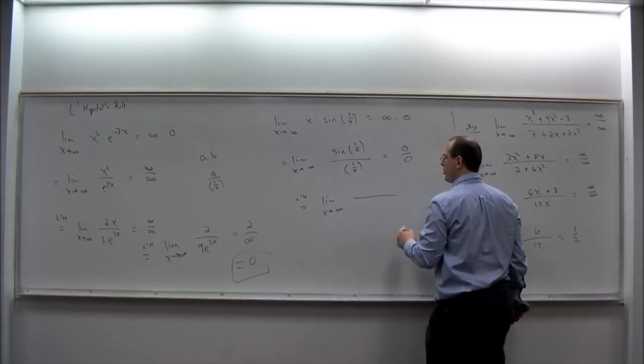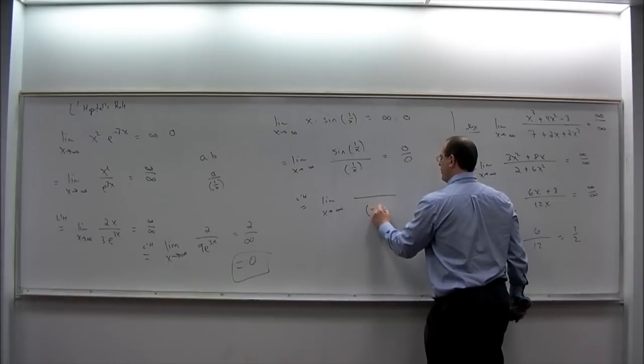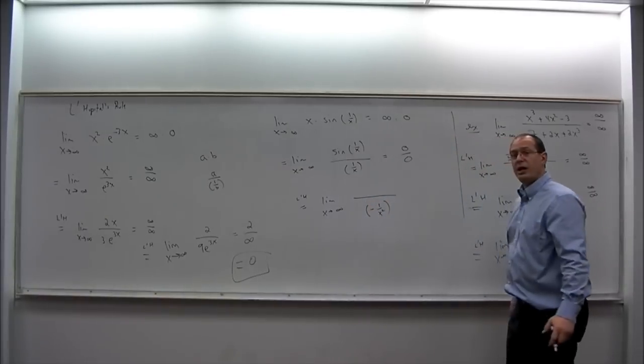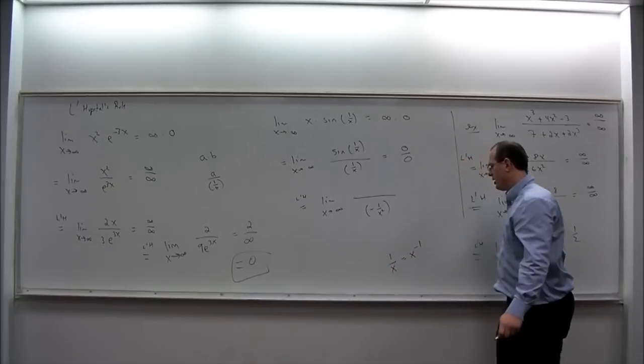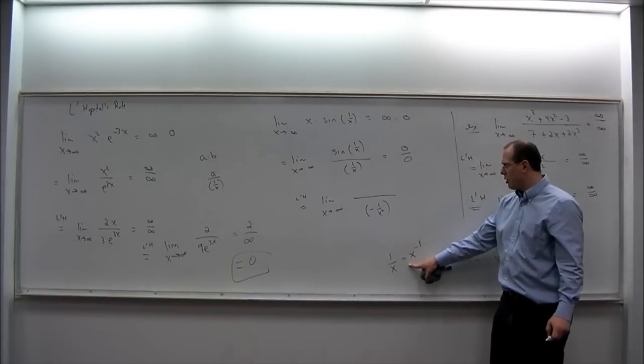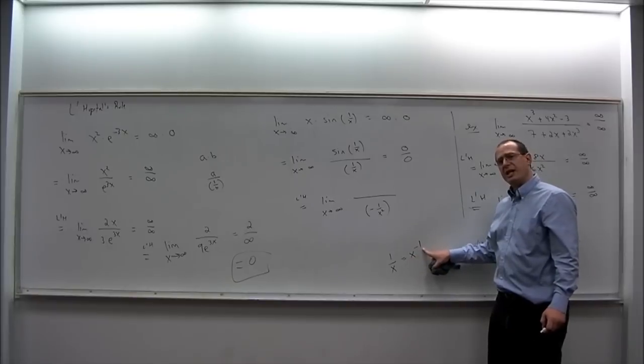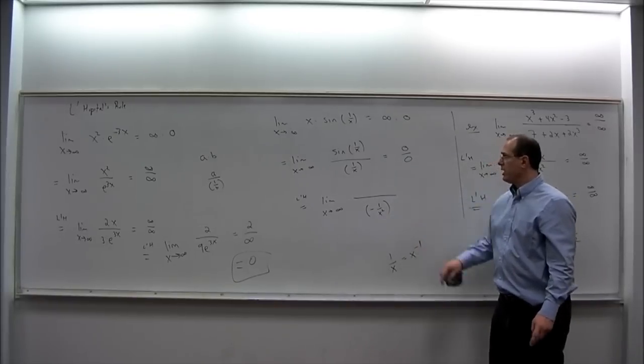The derivative of 1 over x is negative 1 over x squared. Using the power rule, 1 over x is x to the negative 1, so its derivative is negative 1 times x to the negative 2, which is what we see there.